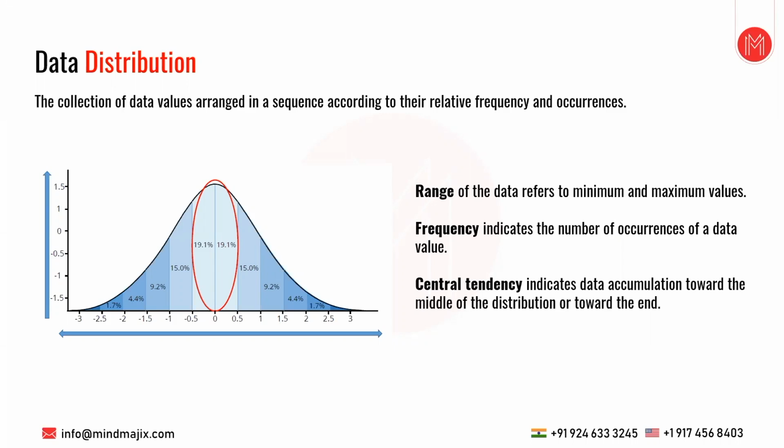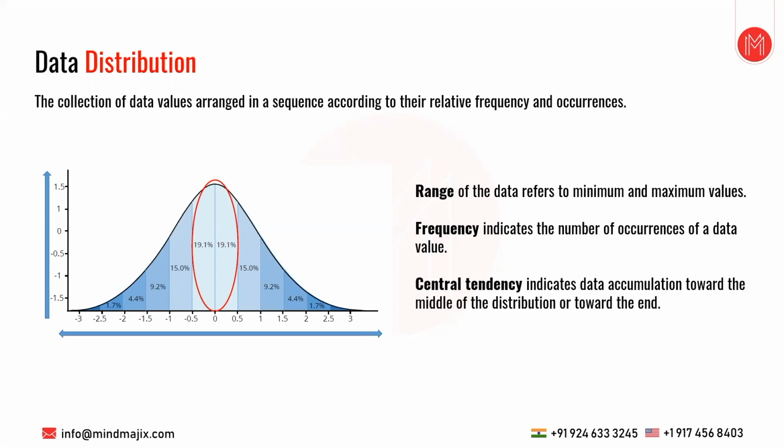The range of the data refers to the minimum and maximum values. It is a measure of how spread apart the values in a data set are, and the range can be calculated with the equation: range equals the maximum of the input x minus the minimum of the input x. So the range refers to the subtraction between the maximum value of x and the minimum value of x.